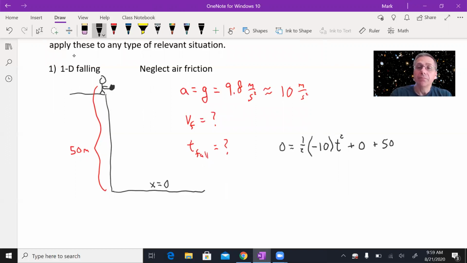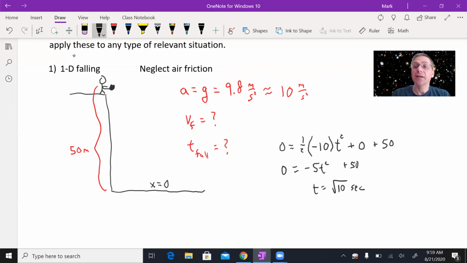This first term here is going to be -5t squared plus 50 is equal to 0. And if we solve for the time, again, I'll let you do a step of algebra, but it's going to be the square root of 10. And that'll have units of seconds. It's a little over 3 seconds to fall 50 meters.